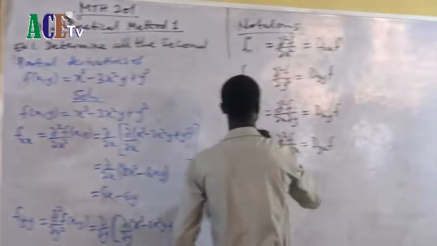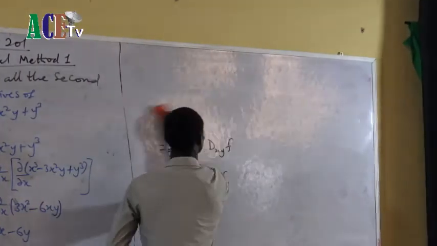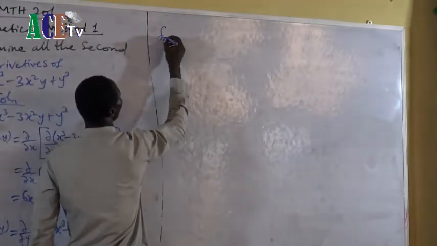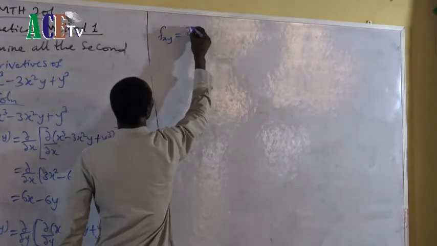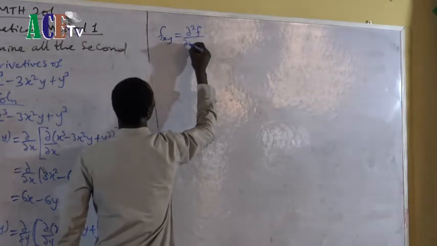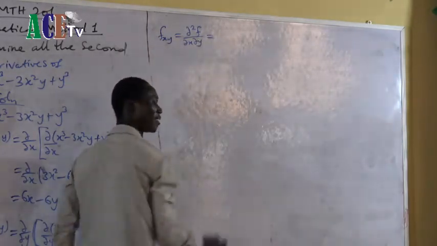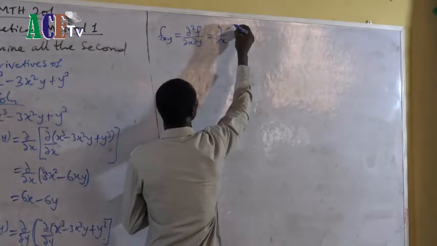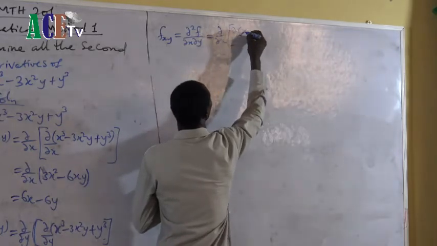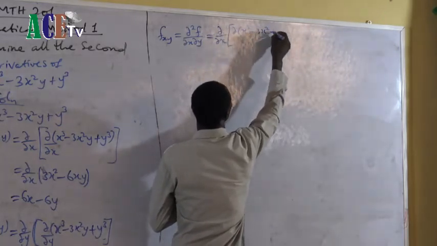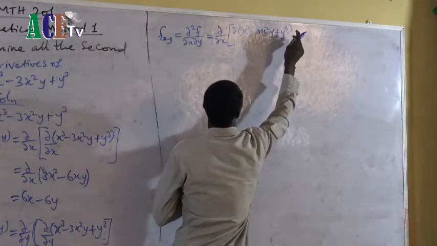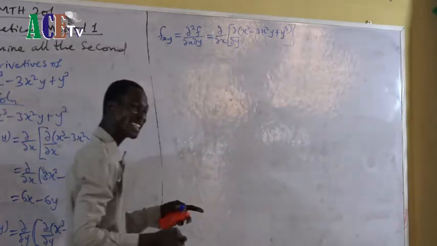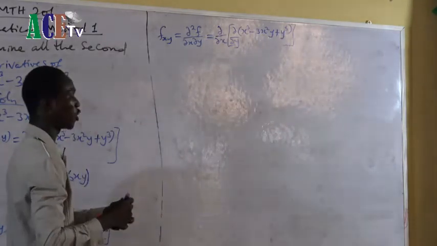Now let us go to the third one. Let me go to f of xy. That is the square f, the x, the y. And that one means the x, the of x cubed minus 3x squared y plus y cubed, the y. I'll differentiate it with respect to y first. I don't need to stretch myself.